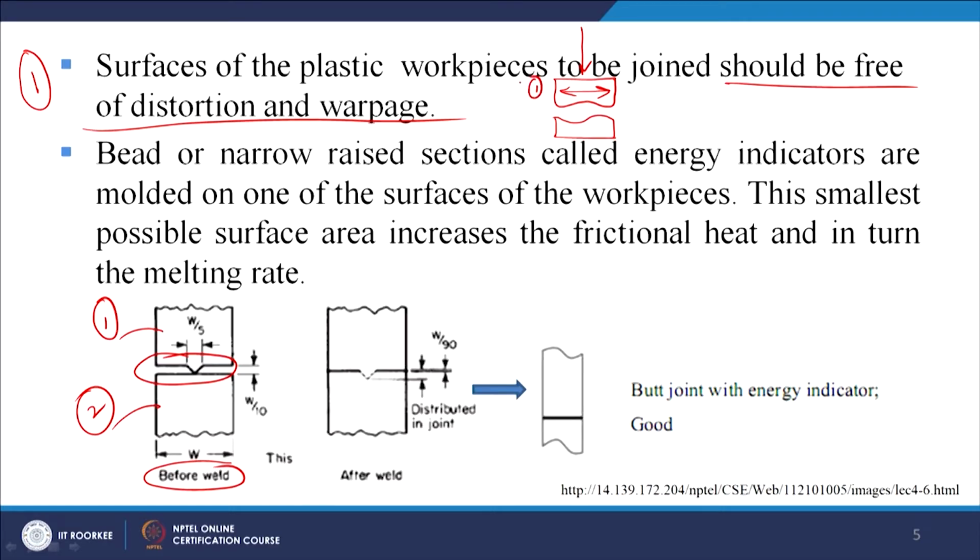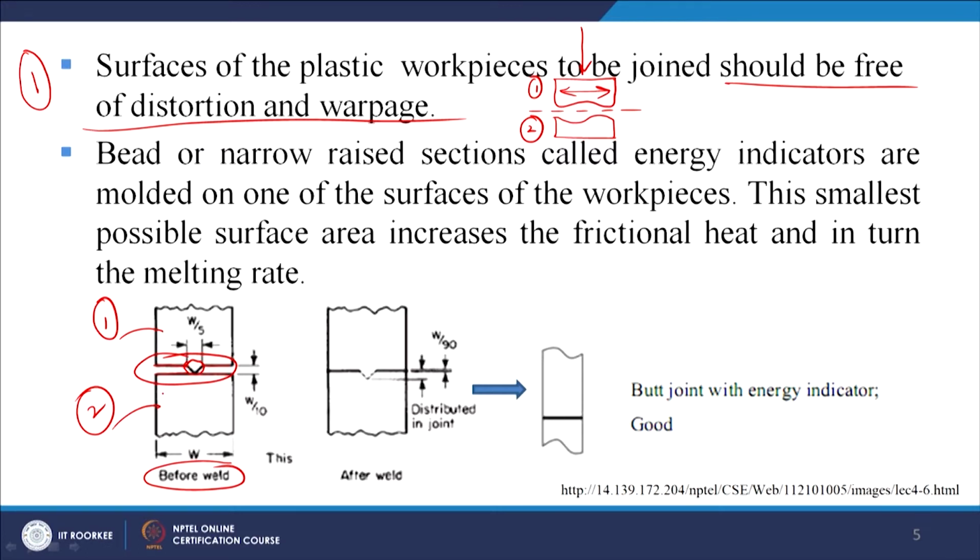When the surfaces are not aligned properly, there is distortion or warpage at the joint interface, we will not get a good joint. Therefore the surfaces must be straight as indicated here, and we will discuss the need of putting this indicator here maybe in the next sentence.